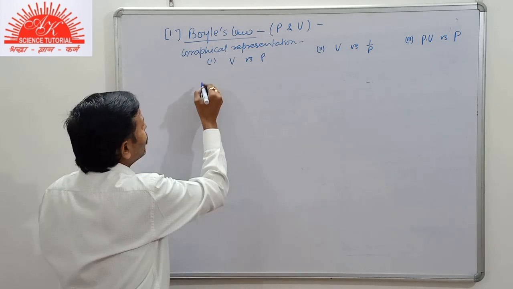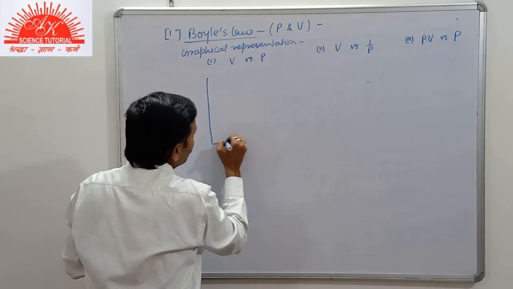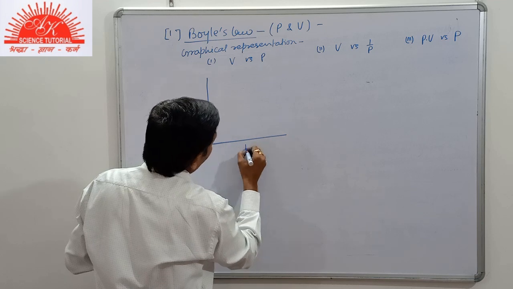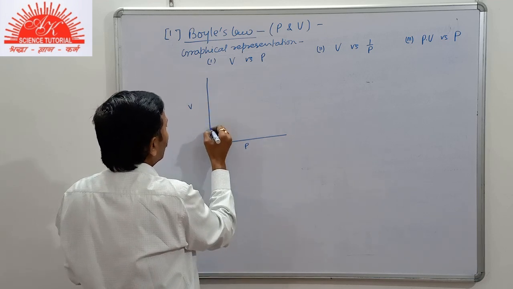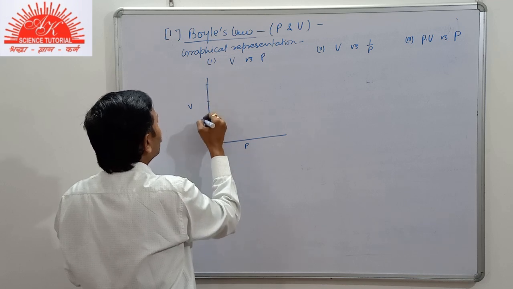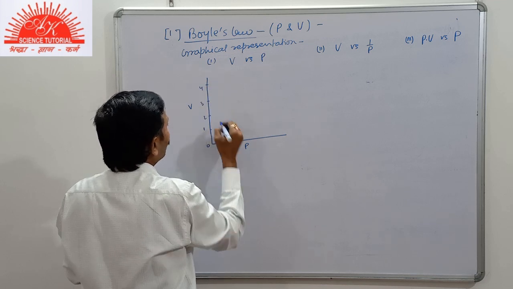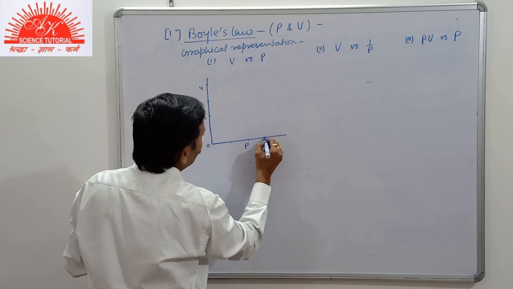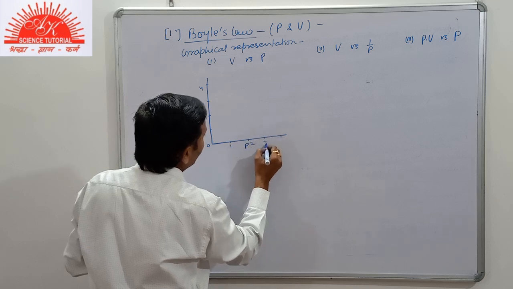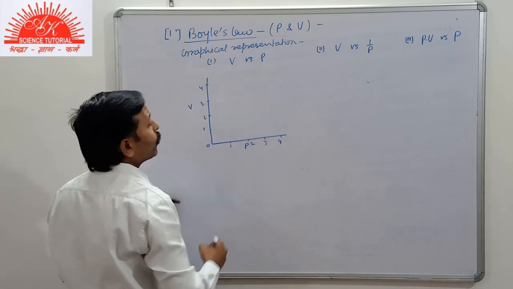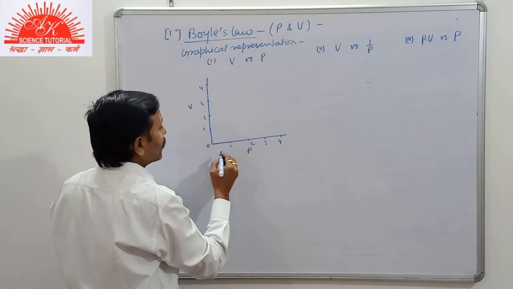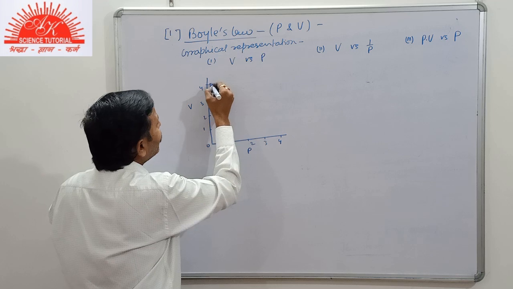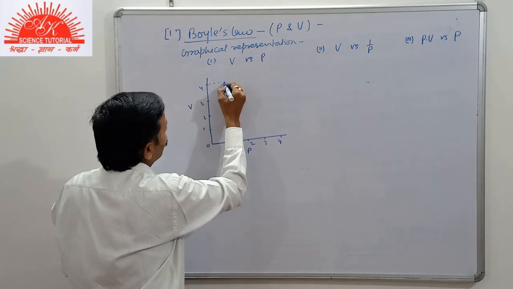Suppose we take pressure on one axis and volume on the other. This is 0. Suppose we take 4 units on each: 1, 2, 3, 4. Suppose the initial value: when the pressure is 1, the volume is 4.